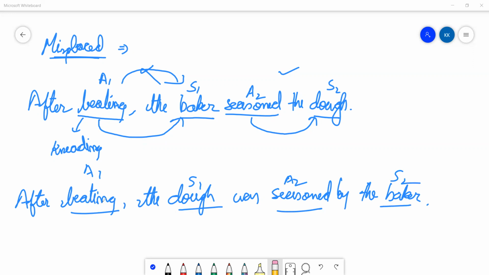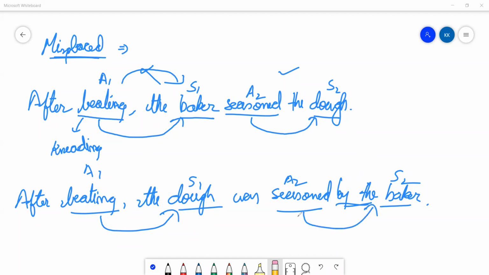Beating the dough is nothing but kneading the dough. So the correct action is being received by the correct subject. And here also we are saying seasoned by the baker. We do not say that the baker was seasoned. So the dough was seasoned by the baker, and automatically action 2 is being performed by the correct subject.